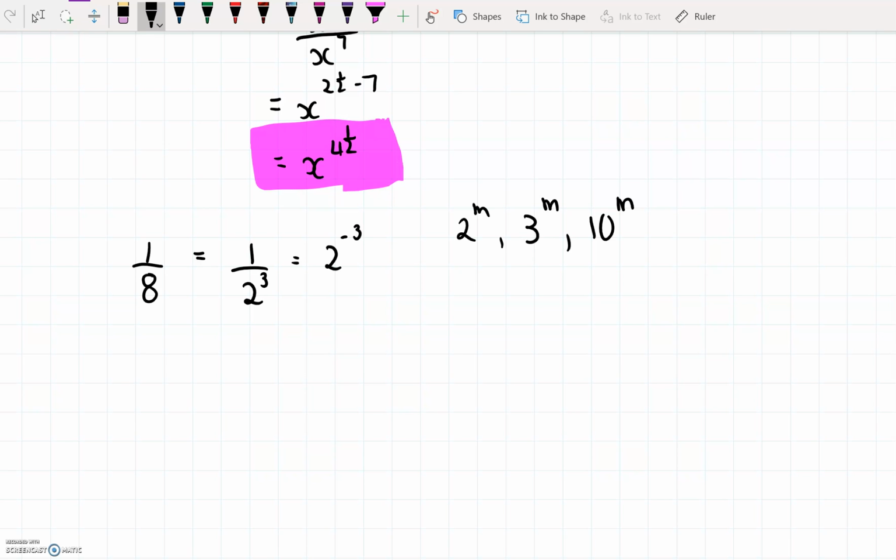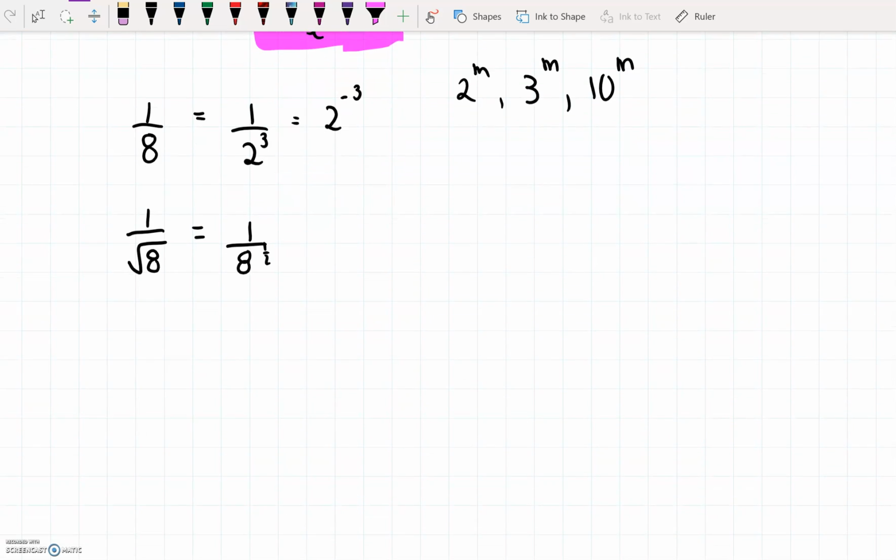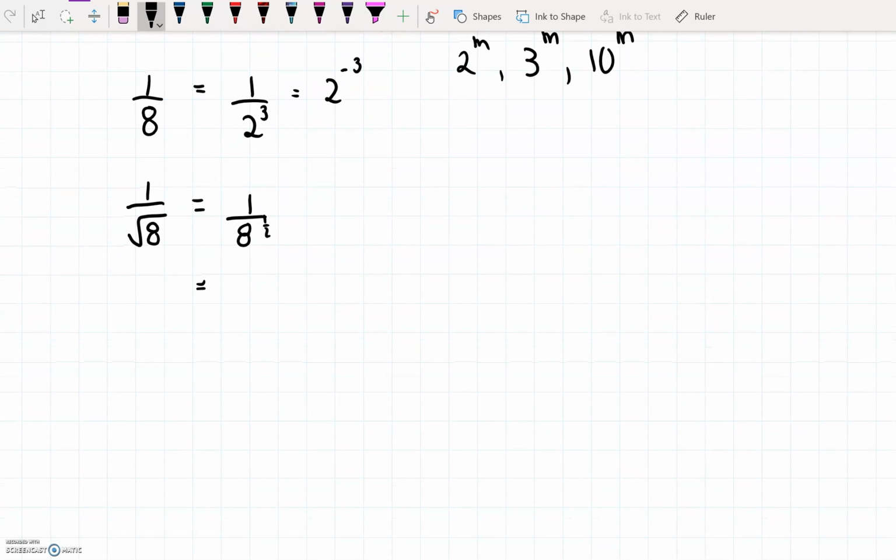Okay, so if instead we say 1 over the square root of 8, that is now 1 over 8 to the power of a half. So we don't really need the brackets there. Now, we also said that 8 is 2 cubed, so we can write this as 1 over 2 cubed to the power of a half.